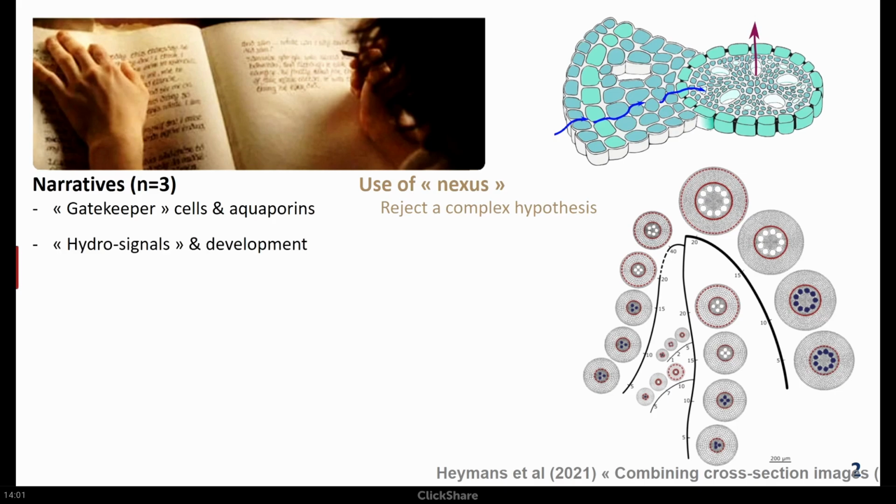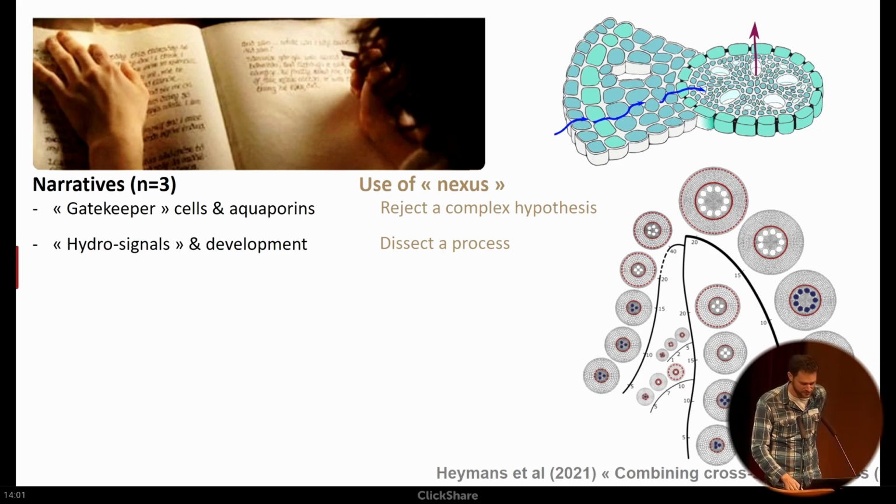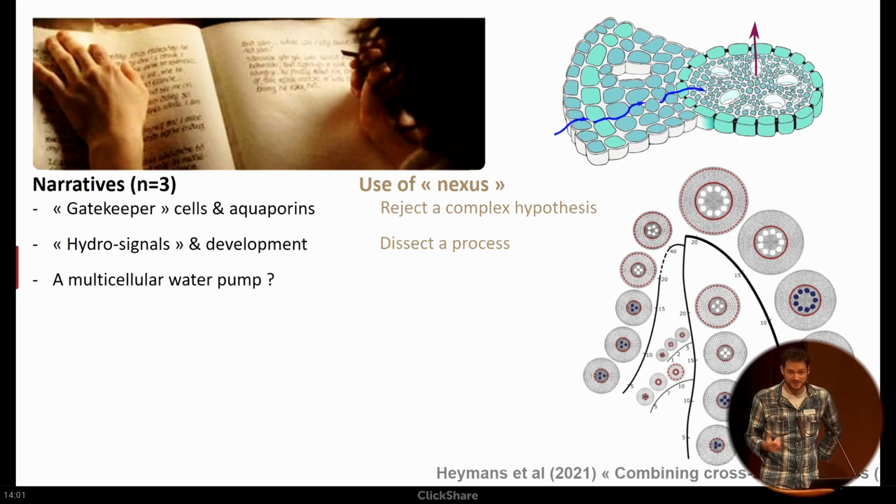And the second narrative we're going to talk about is hydro signals and root development. And in this case, the model is used to dissect a process. So there are some variables that are really hard to put our hands on. And with the model, we can try to guess what they are and what's going on. And then we can maybe have more information about the process. And the third story is about the possibility that there would be a multicellular water pump inside plant roots.